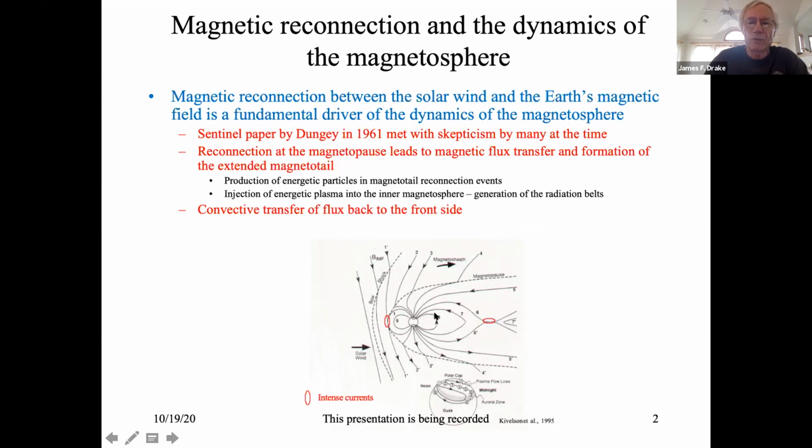Then this flux wraps around the sides of the Earth and comes back up to the front side, and that completes the circulation of flux that makes up the dynamics of the magnetosphere. Okay, so that's just a basic introduction of the important role that reconnection plays in magnetosphere dynamics.